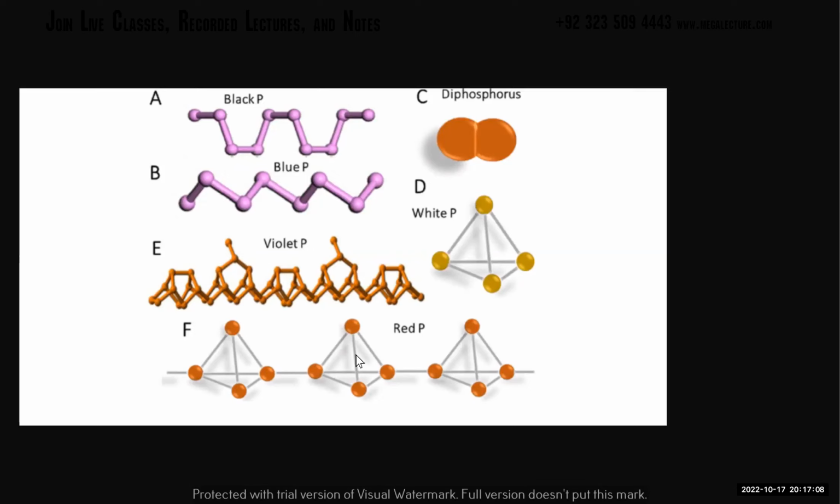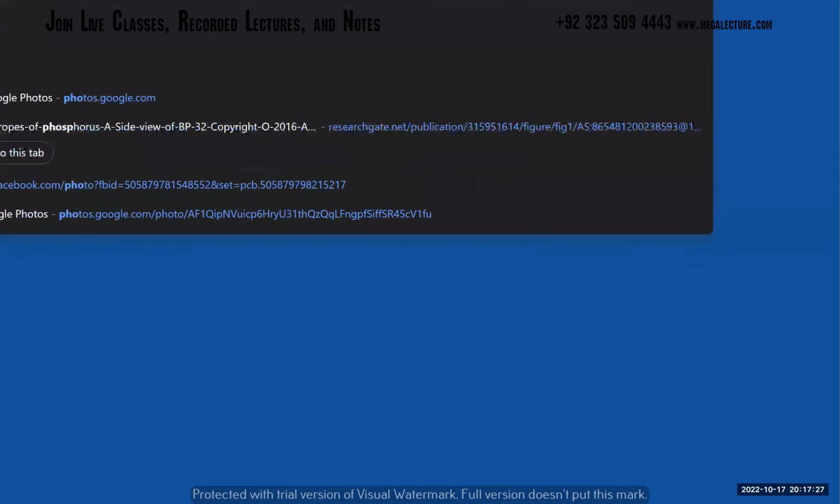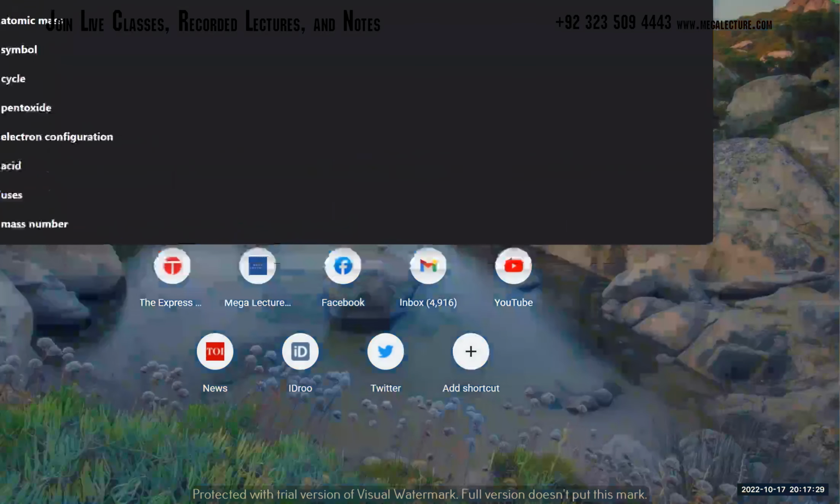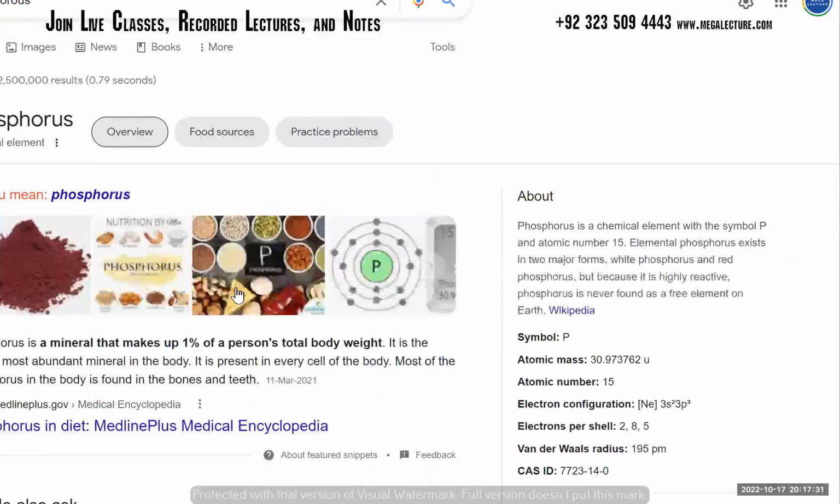So just like carbon in diamond and graphite, the arrangement of atoms in a particular substance could be many different arrangements. Same thing happens with phosphorus as well. P4 is the more common one, the white phosphorus that you have over here.